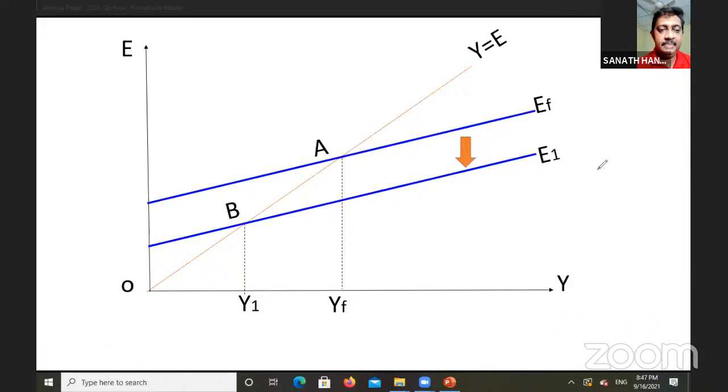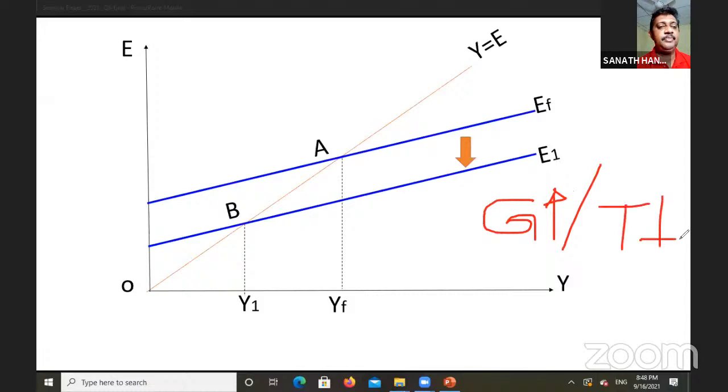But remember, when government expenditure increases and when tax decreases, there is a small difference. Which one is more effective? Increasing government expenditure is more effective than reducing tax, because it has a direct impact, while tax has an indirect impact.